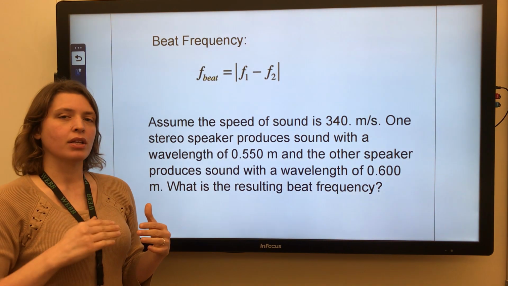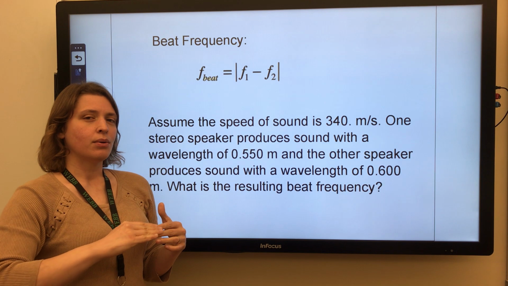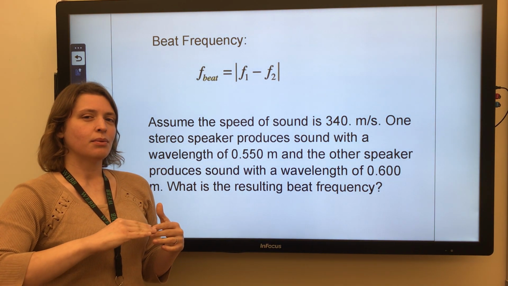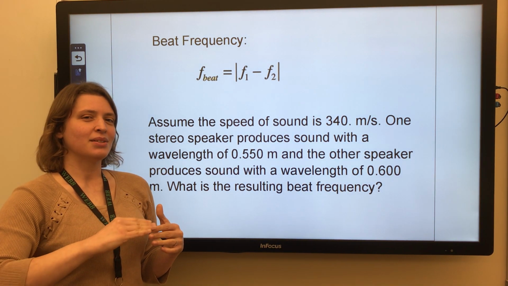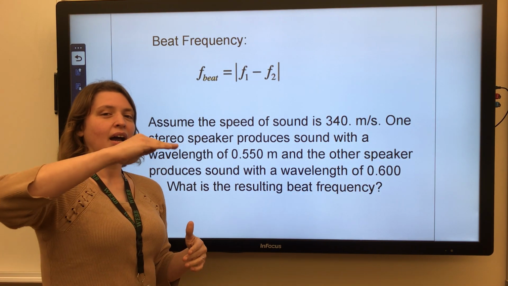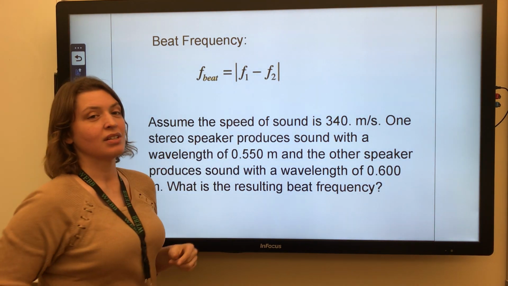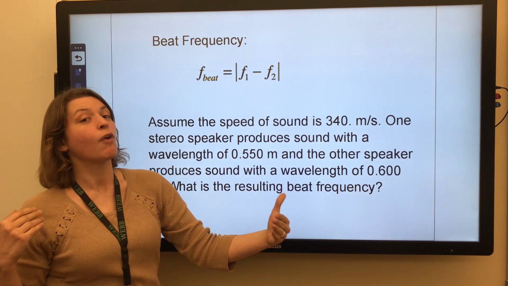So if you hear a really long beat, a sound like wah, wah, wah, so there's a really long time between the high and low parts of that sound, then that means that the two pitches you're playing are actually pretty far from one another.